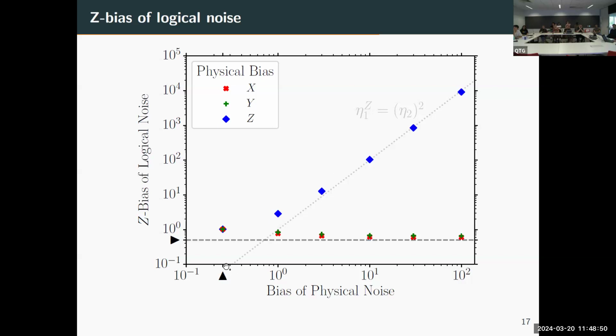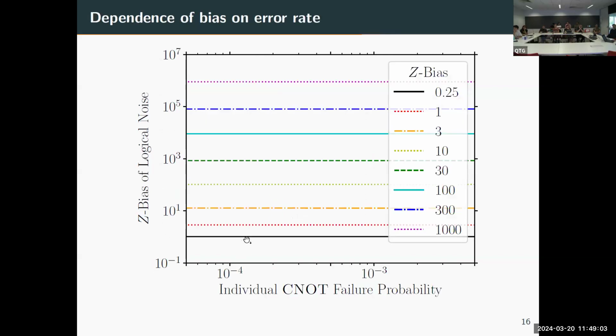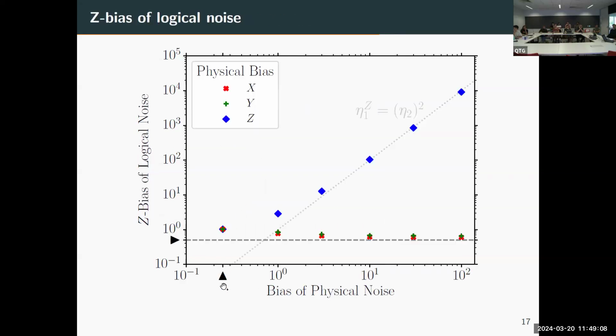And just to note, these arrows here are the bias for depolarizing noise, so the physical depolarizing bias and the logical depolarizing bias. And what you're seeing in blue is that your physical bias to your logical bias increases at a quadratic rate. It quadratically amplifies. Essentially the reason for this is the distance of the code.